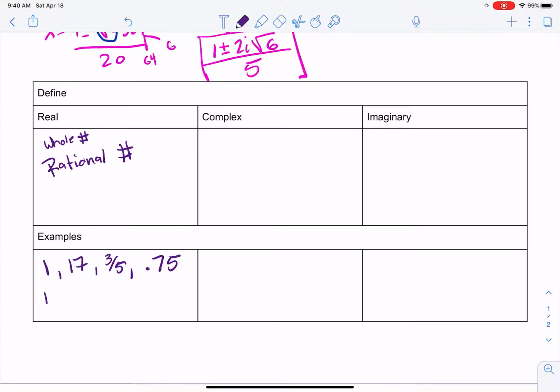That's a decimal that repeats as well. So 189 repeating, that is also a rational number. Real numbers also include irrational numbers. So that's things like pi and the square root of 2. Okay, so notice real numbers include basically everything you've ever talked about except imaginary numbers.